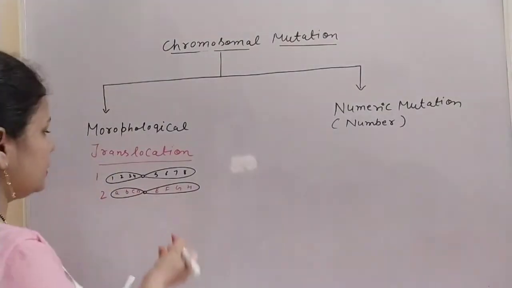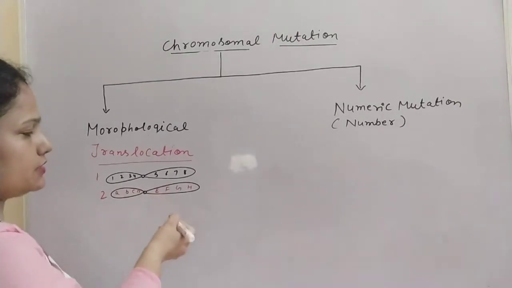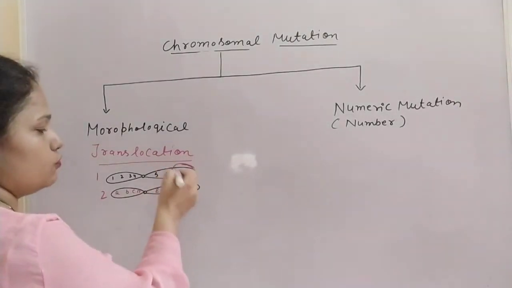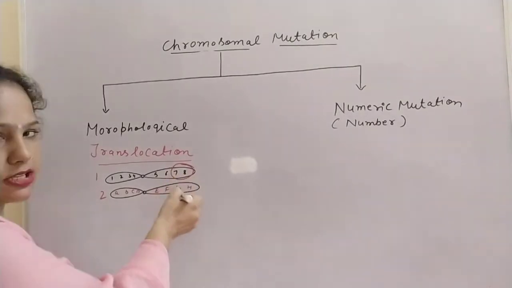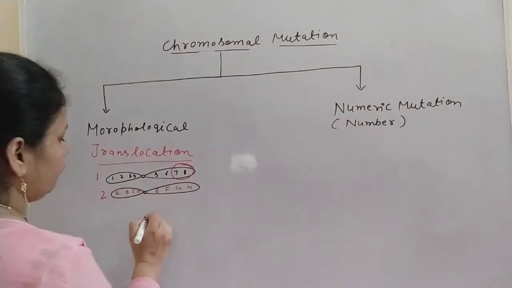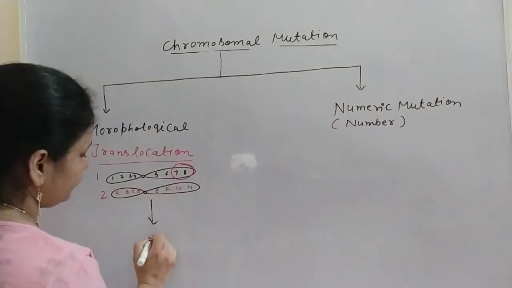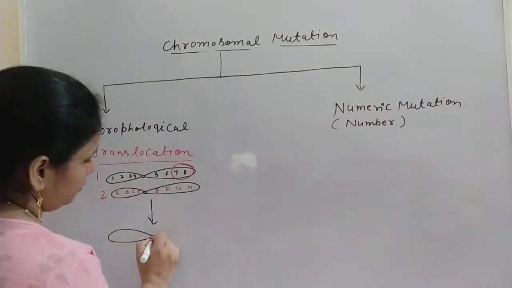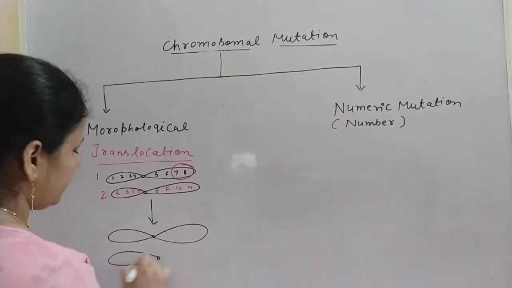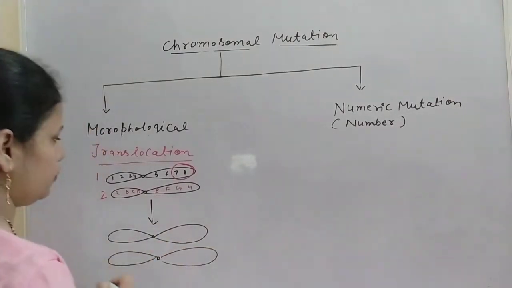So what happened here, the translocation takes place. Translocation means that any part of one chromosome gets transferred to the other. So in the second chromosome what happens, that is the first chromosome and that is the second chromosome.